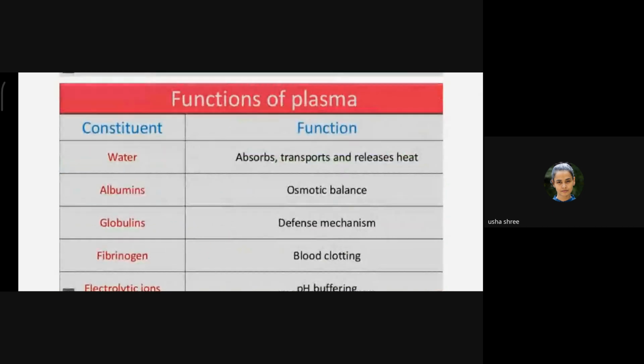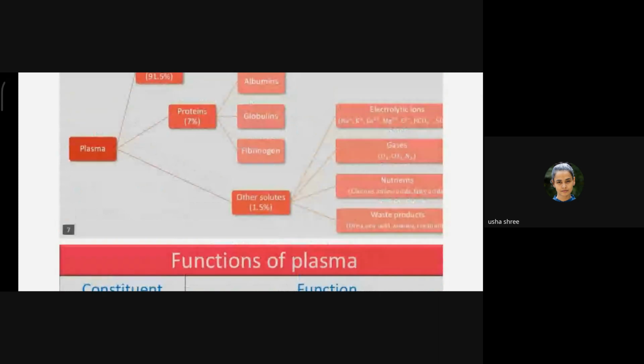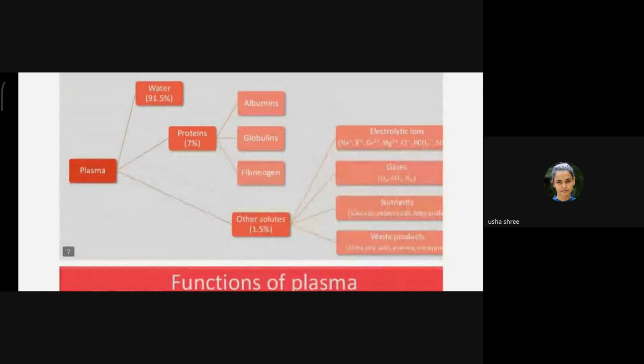The electrolytes part, do we have to remember all of them? See, electrolytes are the ions: sodium, potassium, calcium, magnesium, and chlorine. Magnesium and calcium we can remember, but the others, like HCO3, no problem. Just understand the concept. What are electrolytes?